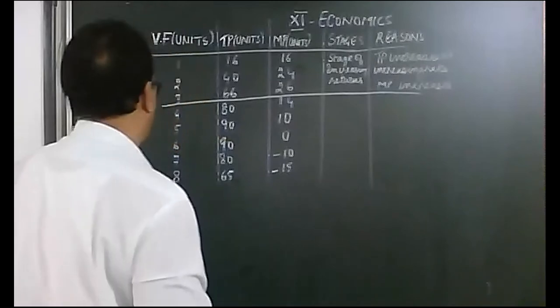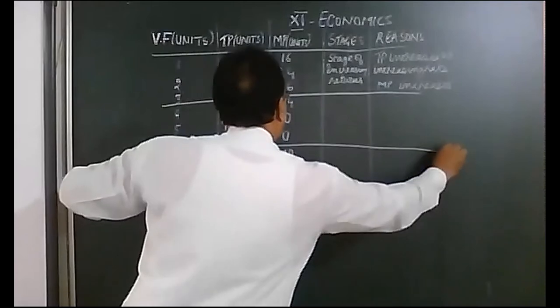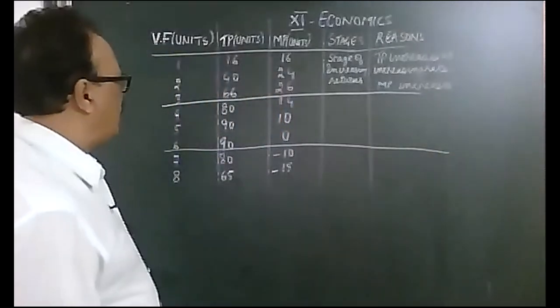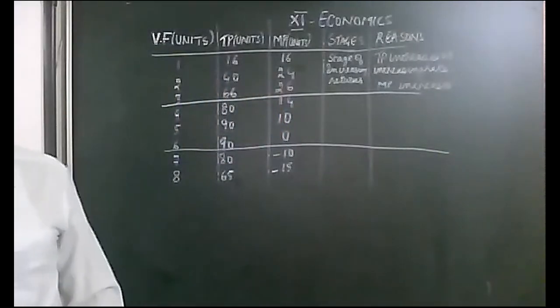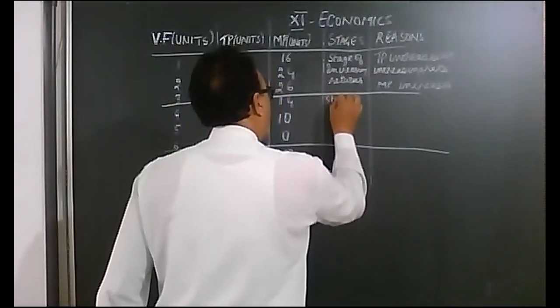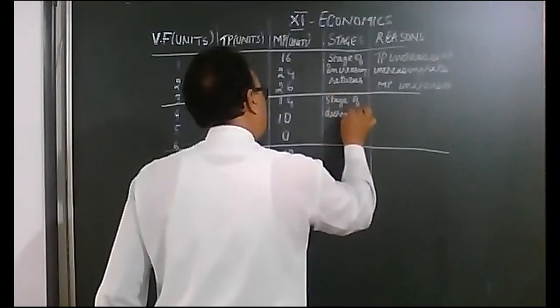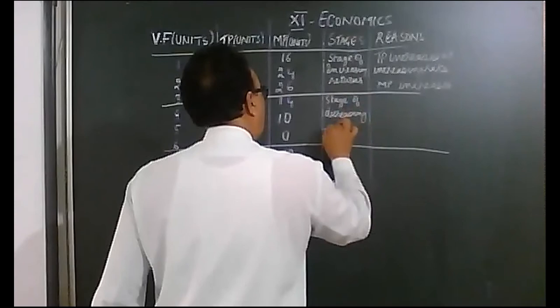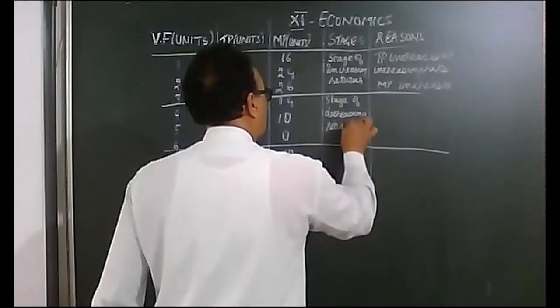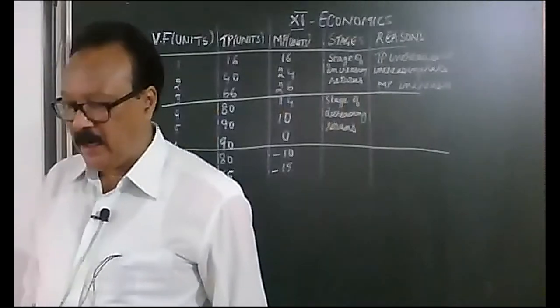The second stage will be 4, 5 and 6. This will be the stage of decreasing returns. Why is it called the stage of decreasing returns?